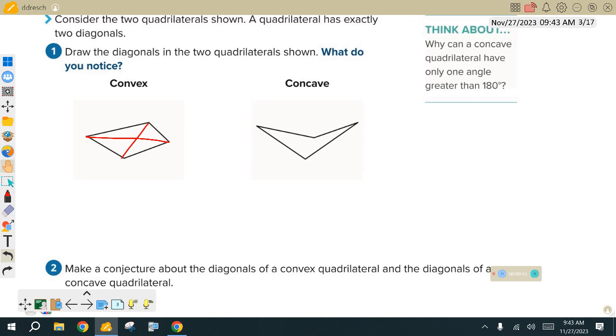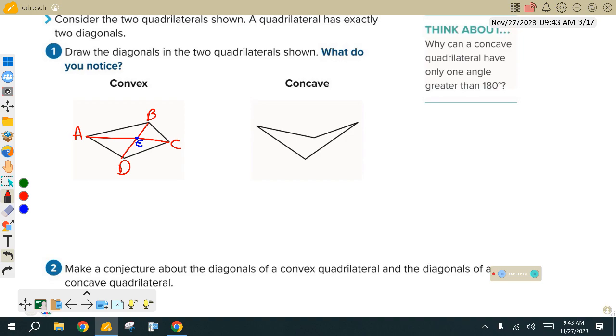Let's go name these out, because we're going to refer to them down here below. Let's name these vertices A and C, B and D. And where those diagonals intersect, let's call that point... let's get crazy and call it point E. Makes sense. So draw those diagonals in.